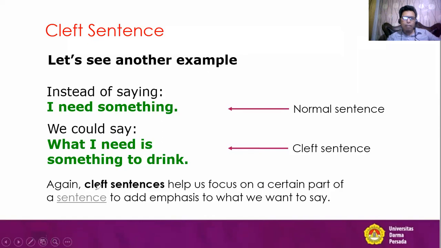Again, a cleft sentence helps us focus on a certain part of a sentence to add emphasis to what we want to say. So instead of saying a normal sentence, because we want to emphasize something, in this case something to drink, we change the normal sentence into a cleft sentence.